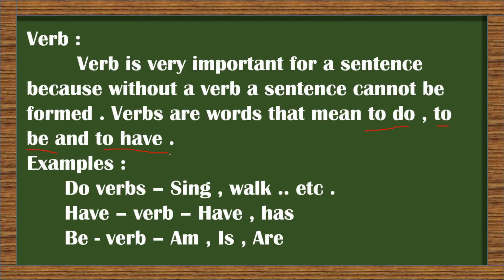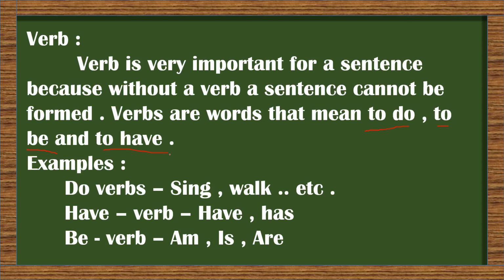Verbs are of three types: do verbs, have verbs, and be verbs. Do verbs are verbs which mean to do something. Have verbs mean to have something, and be verbs mean to be.